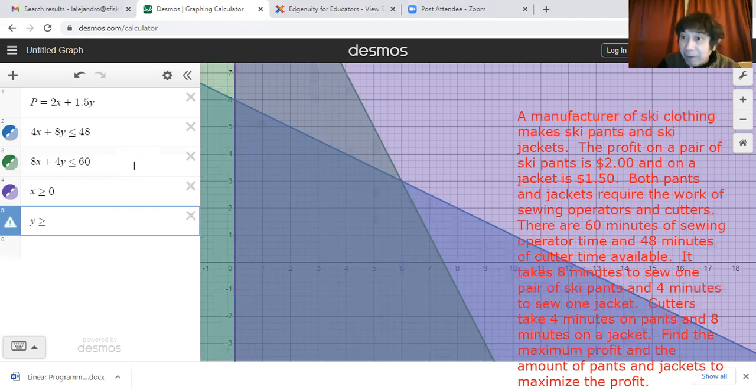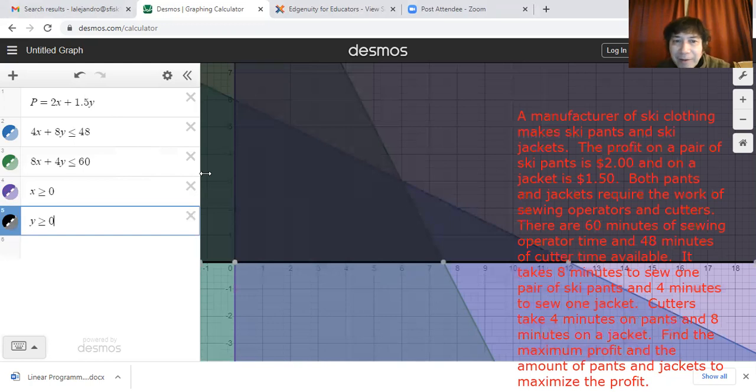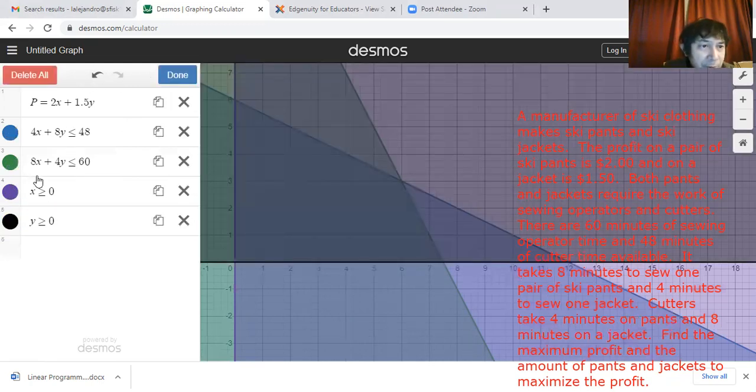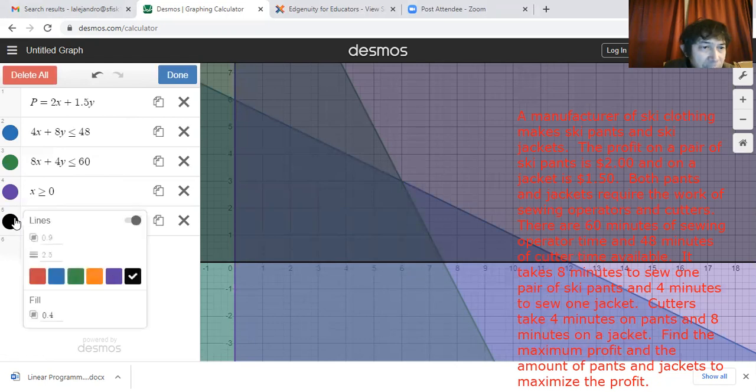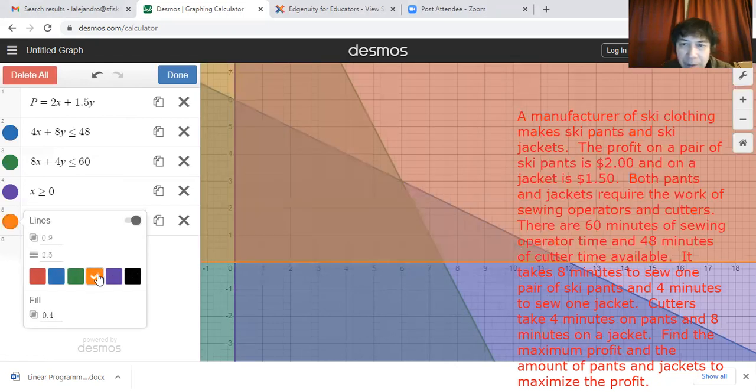It can be none, but not negative. We have chosen these constraints, which we already have in the other screen, but let us change the dark color. Let's try to change it to, say, orange. I think it looks better with the orange there.